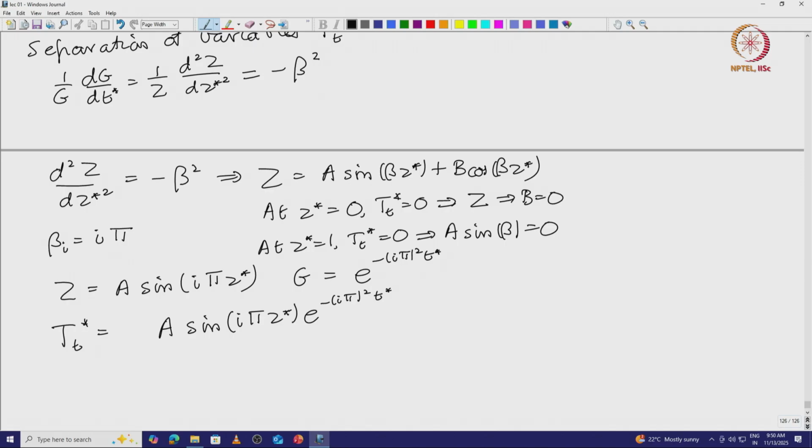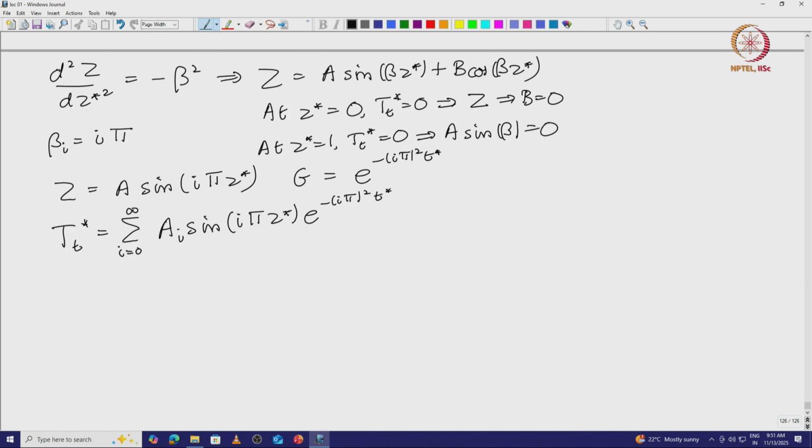Therefore, the most general solution is one where I take all possible values of i, and this coefficient is a i. Now the coefficients a i have to be determined from the initial condition. At t star is equal to 0, T transient is equal to minus (1 minus z star).